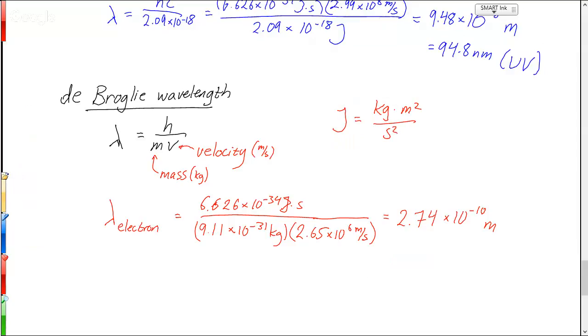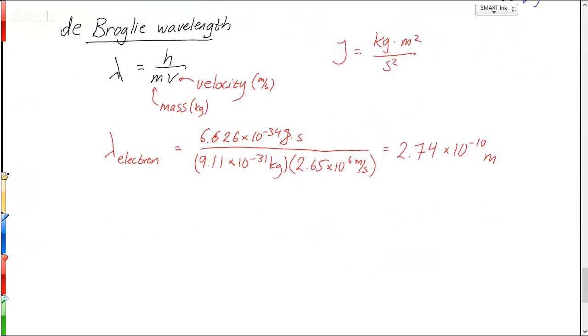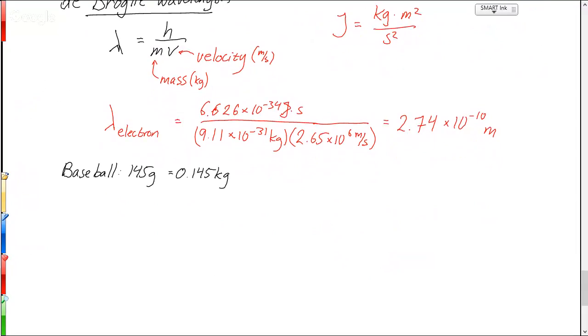I'm just saying an average, it's like 145 grams. 145 grams. All right, so let's plug that in here. How about fast, say like 100 miles an hour? Well, let's do it this way. Let's say, how fast would a baseball have to be traveling to have the same wavelength as the electron, to be kind of wave-like in nature?